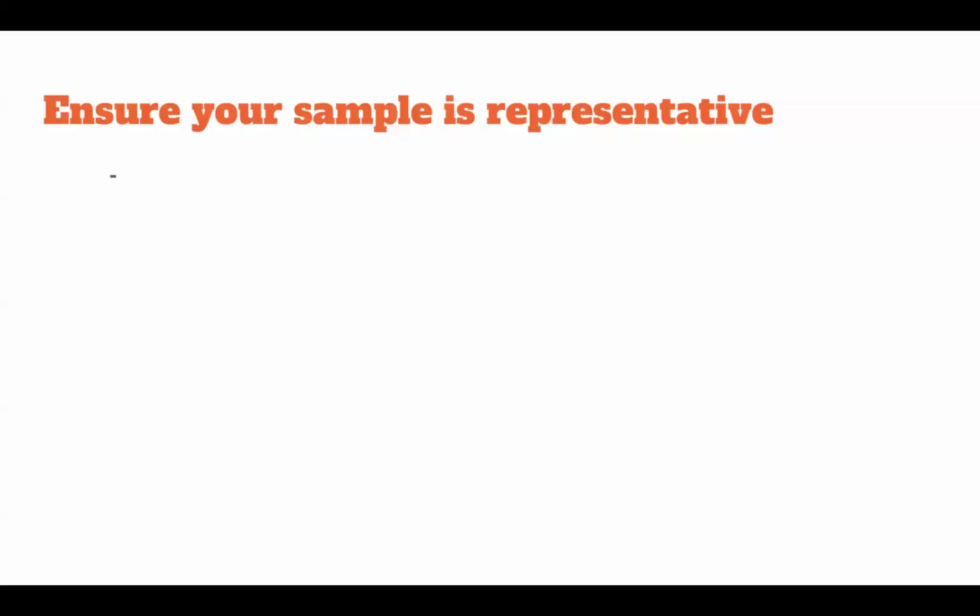Ensure your sample is representative. So if you have an organization, let's say a company, you have say 100,000 customers, and you need to know what the customers' perspective is. Peradventure, you then decide to send the survey to only a particular demographic, let's say just male or just female.